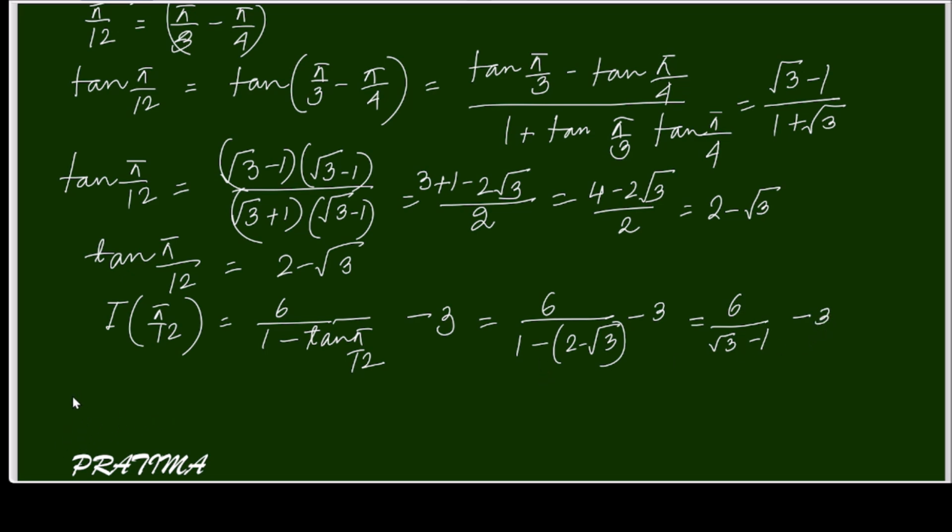So simplifying, I'll get (6 minus 3 root 3 plus 3) over (root 3 minus 1). So this will be (9 minus 3 root 3) over (root 3 minus 1), rationalizing.